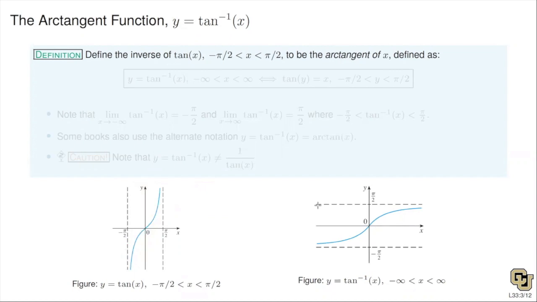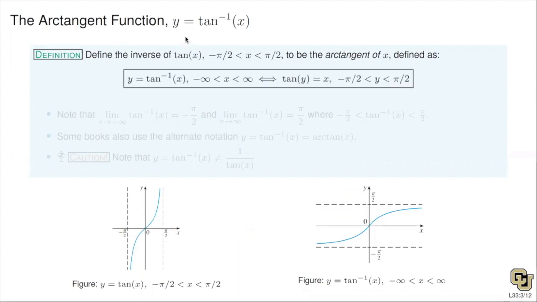And you can see the domain is all reals. And here, the tangent is restricted between -π/2 and π/2 in its domain. So its inverse, the inverse tangent, now has its range restricted between -π/2 and π/2. It's that flip-flop relationship between the function and its inverse, right? The domain of one becomes the range of the other and vice versa.